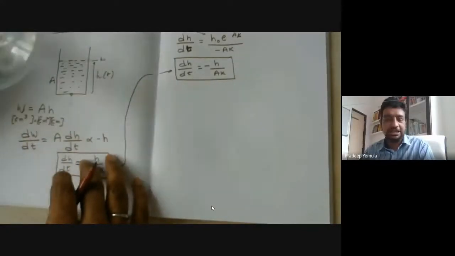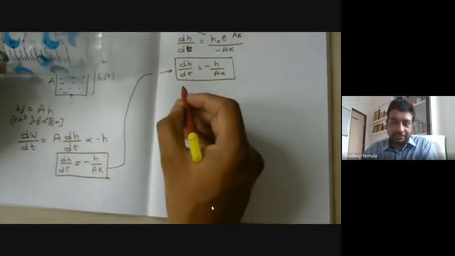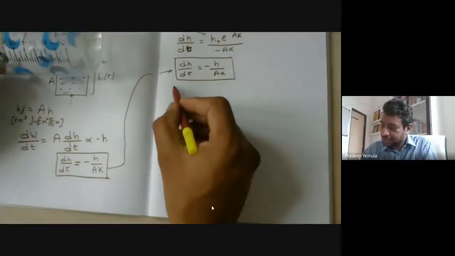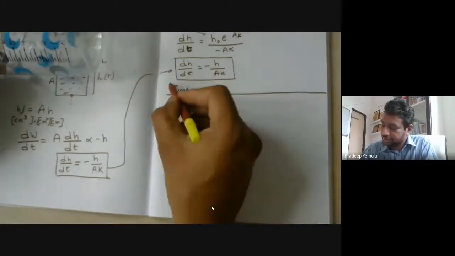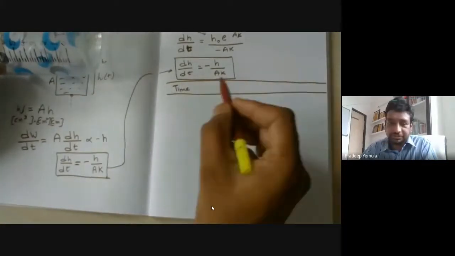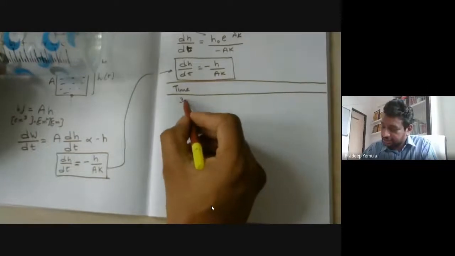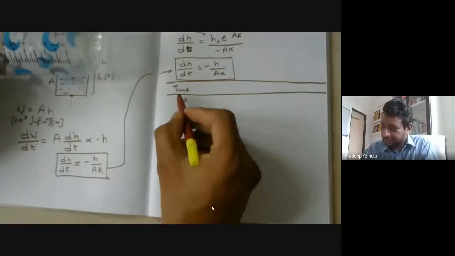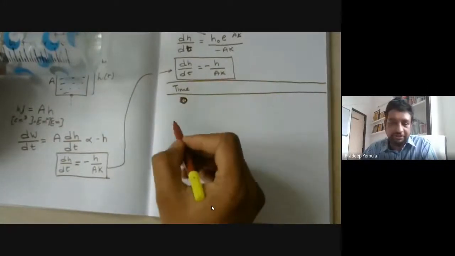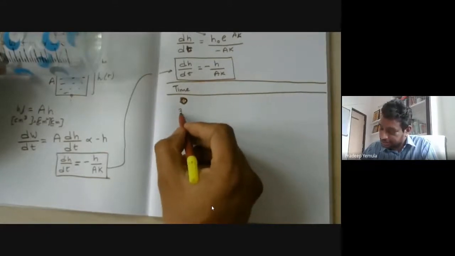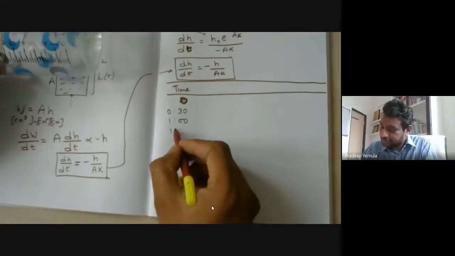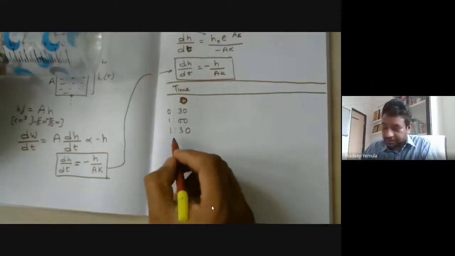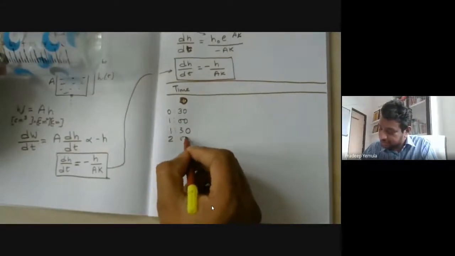Okay. So now, what is the experiment we will do? The experiment we will do is, I'll measure time, in steps of 30 seconds. I start with 0 seconds, time t equal to 0. Then 30 seconds, then 1 minute, then 1 minute 30 seconds, then 2 minutes.